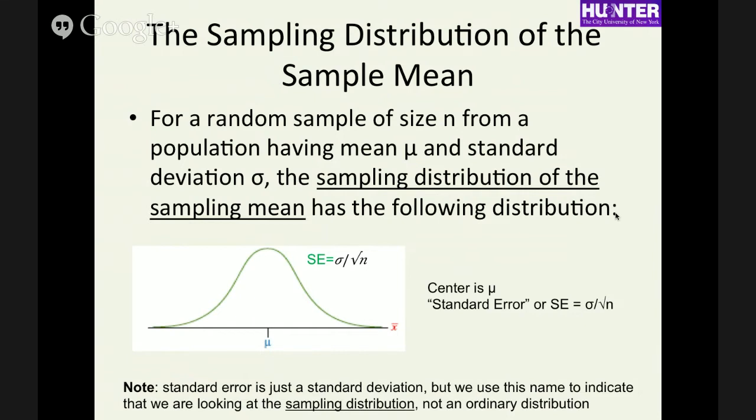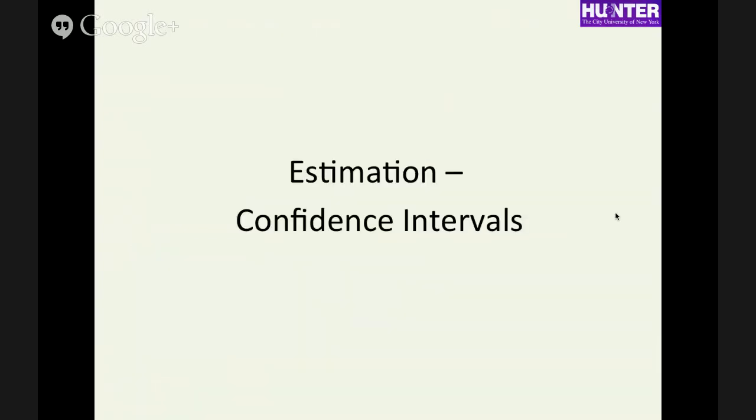The standard error isn't a variability of any of those things. It's a variability of sample means, or sample proportions. And we're going to use this for calculating confidence intervals.